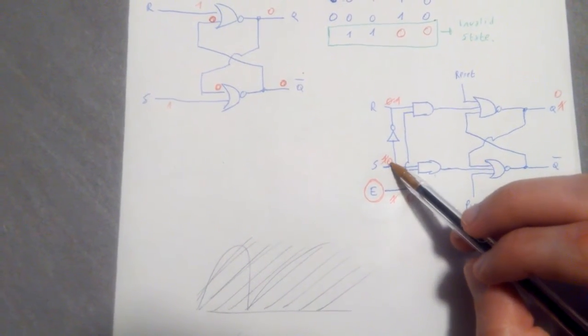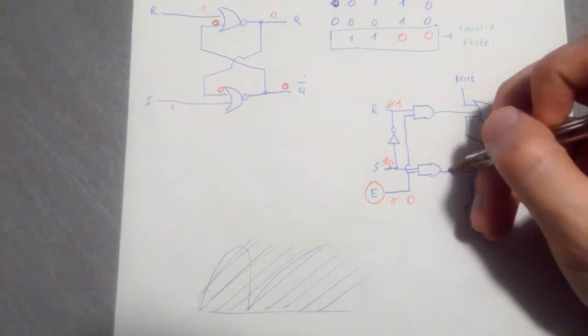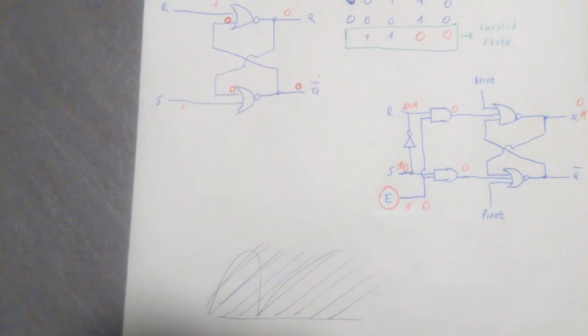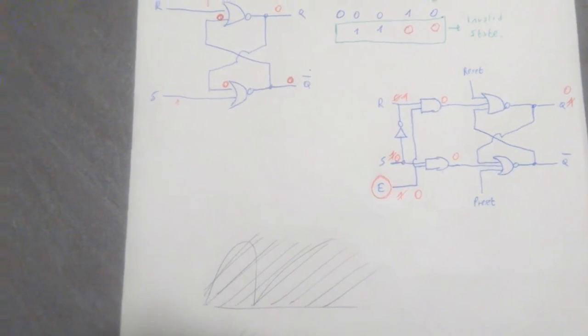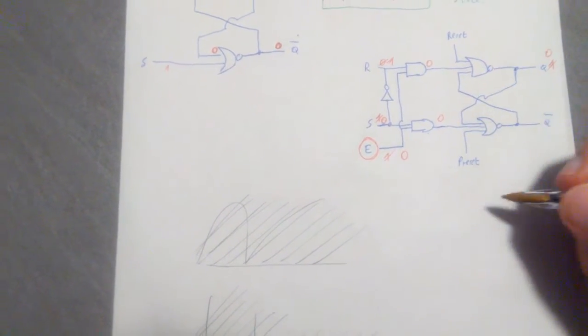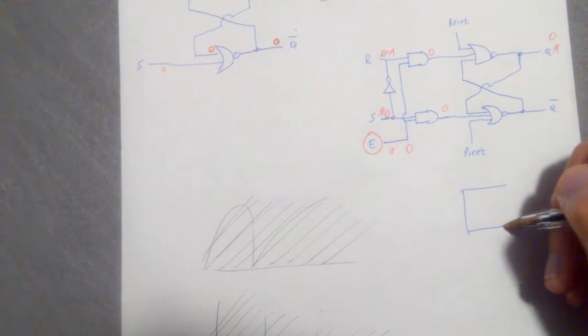So what happens at this input here? If the enable pin is 0, it is always going to be 0. It doesn't really matter.